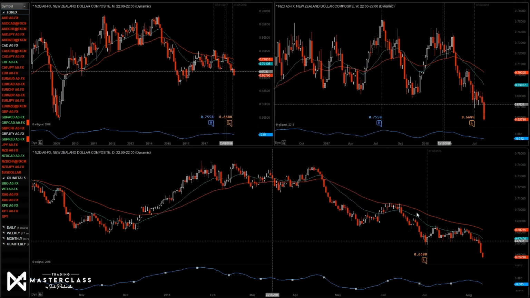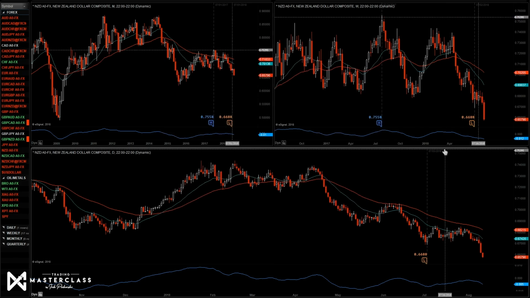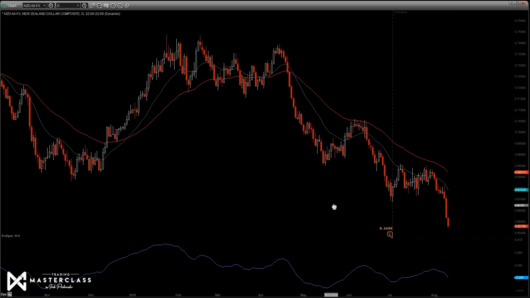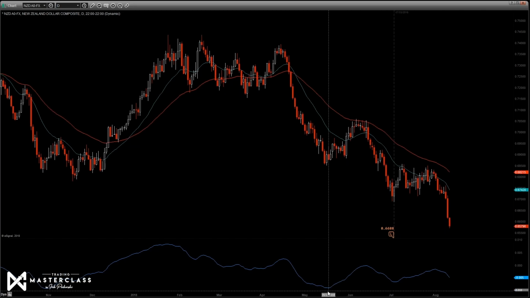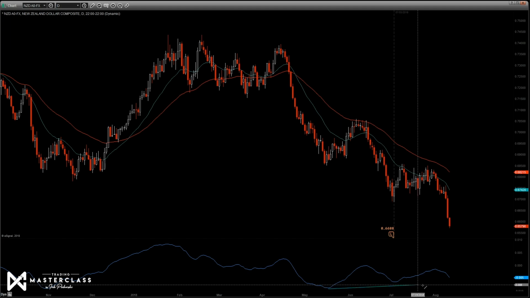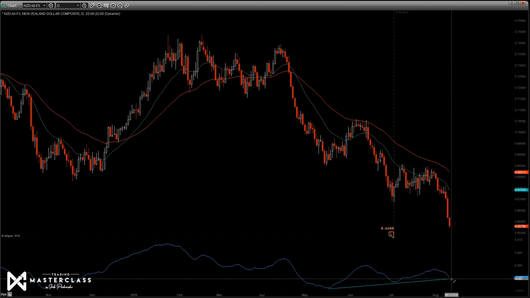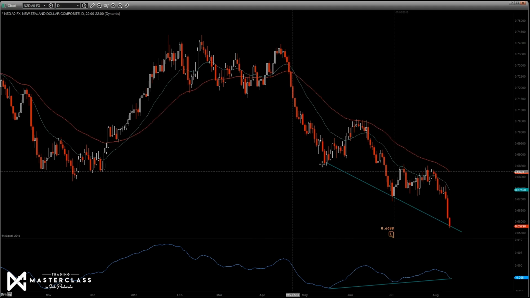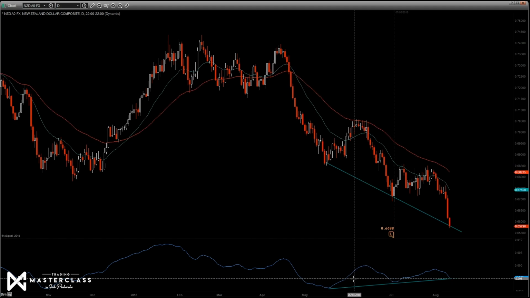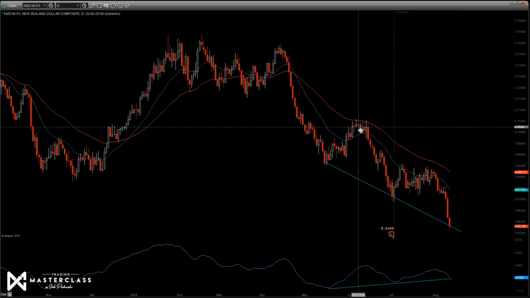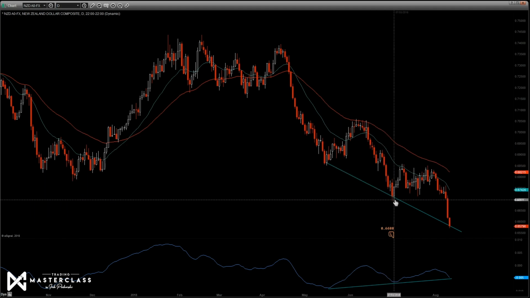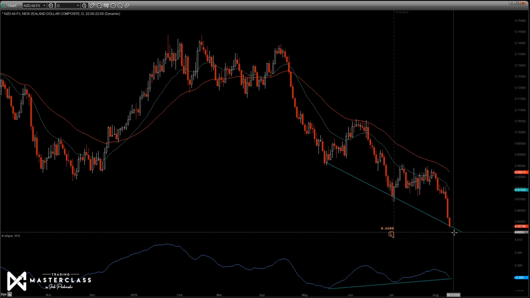So what do I use MACD for? MACD for me is used to identify divergence in the market. Okay, so what is divergence? I'm going to draw two lines and then I'm going to explain what I'm actually doing. Okay, so we got two lines here. We have price action on top, we have the indicator on the bottom. So you see how price action is moving down: previous low, lower high, lower low.